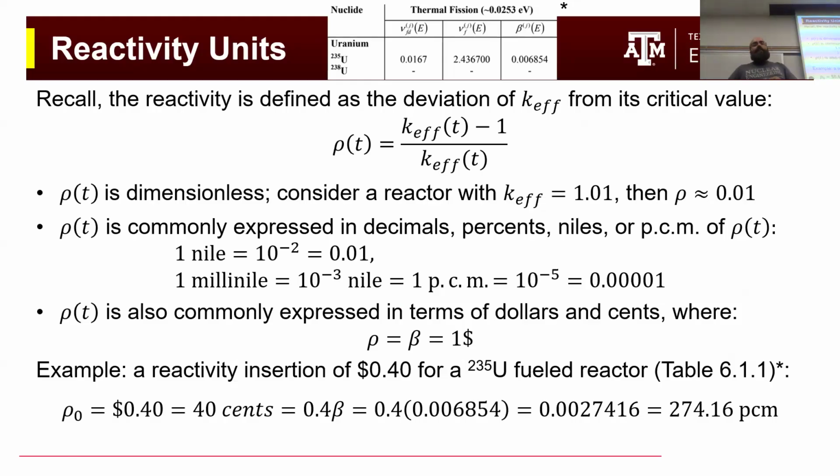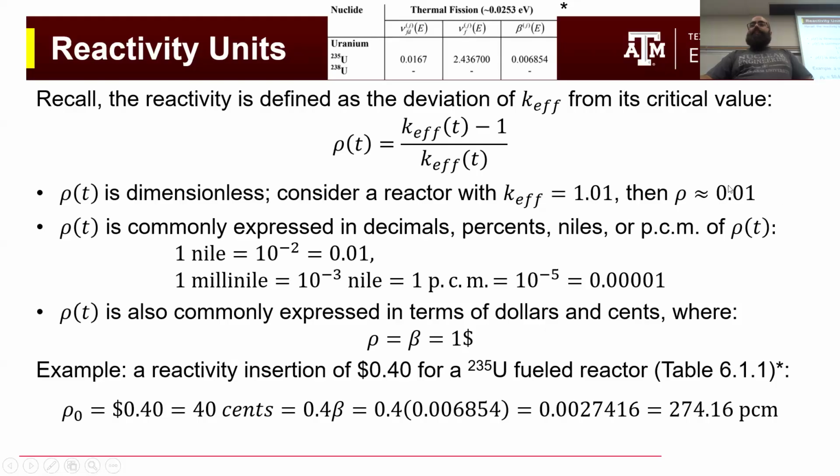Technically, reactivity is dimensionless, but it's also one of those quantities that gets these funny units associated with it. So usually k is just a number, like k is 1.01, then what my reactivity ends up being is 0.01. So if you answered for the quiz dimensionless, that's perfect. But you could have also answered with any of these funny units for reactivity, and you would technically be right.